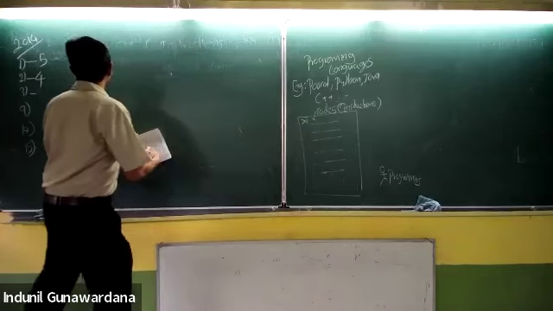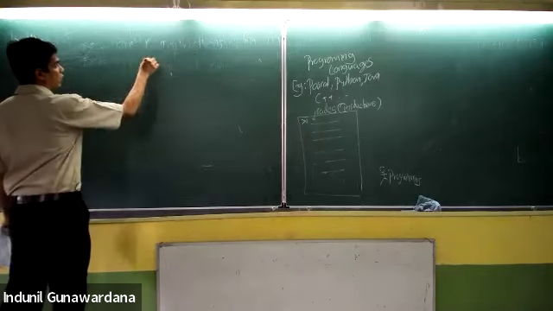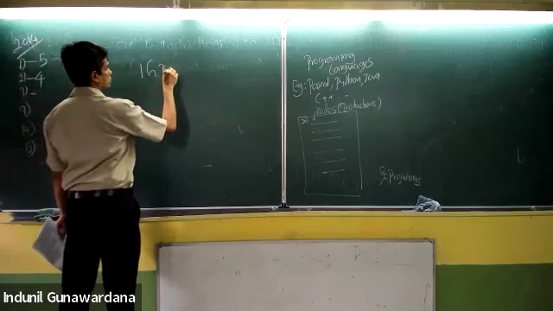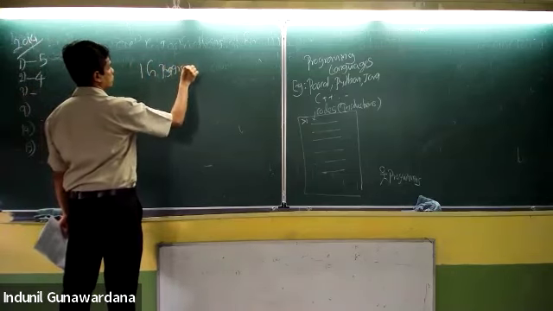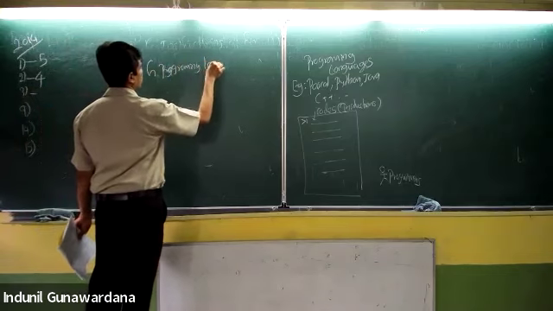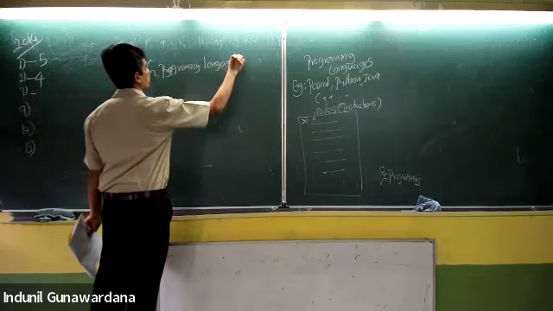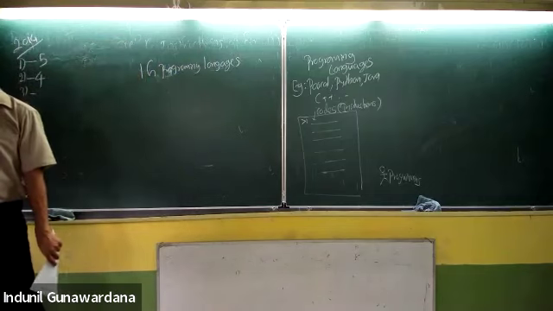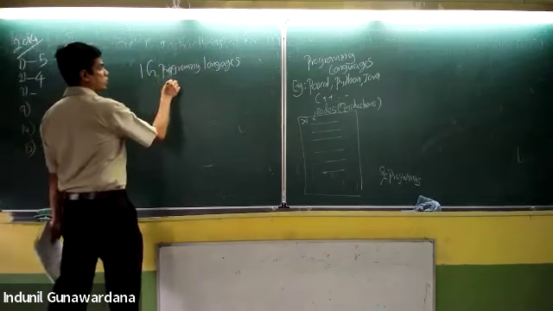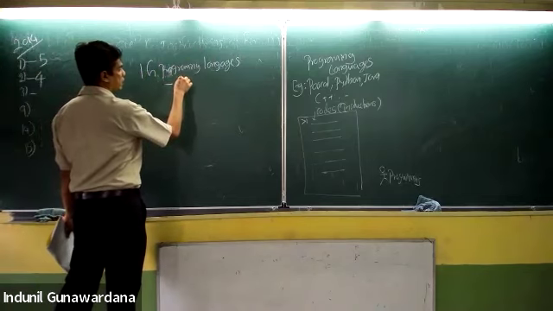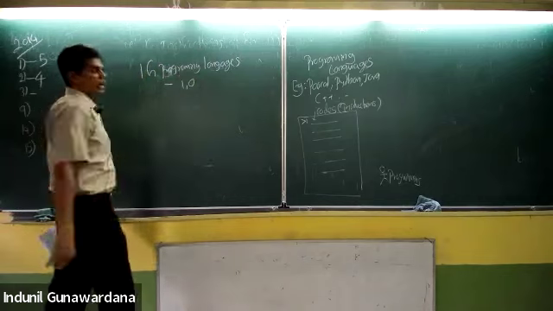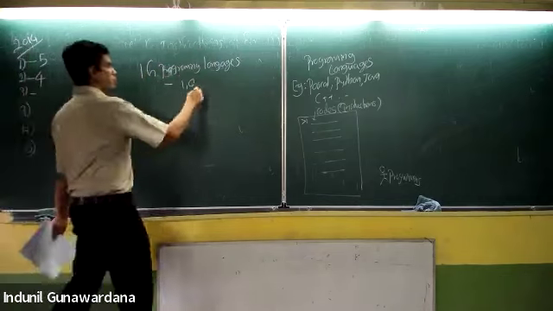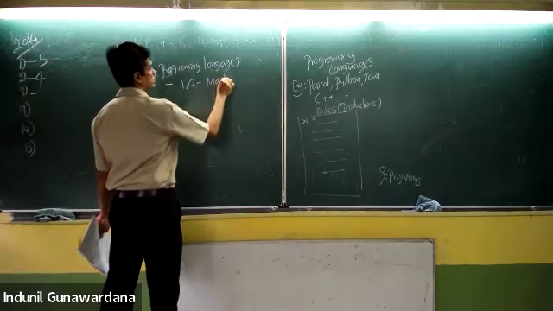So we consider programming languages falling into generations. That was the first generation programming language, the initial one. The first generation programming language is completely the language where we enter ones and zeros only. We call this machine code or machine language.